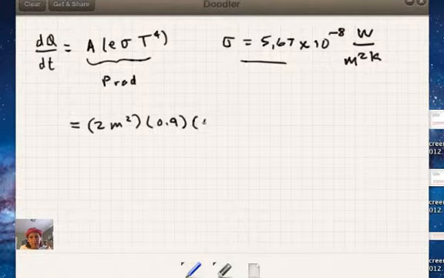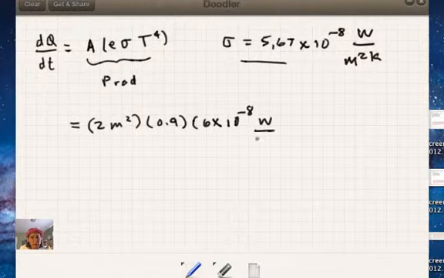The Stefan-Boltzmann constant is here. I'm going to call that 6 times 10 to the minus 8th. Now, Pete's just going to have to deal with it. Watts per meter squared Kelvin to the fourth, since I don't have a calculator. Holy Moses. Okay, so T to the fourth, that should be Kelvin to the fourth. There we go.